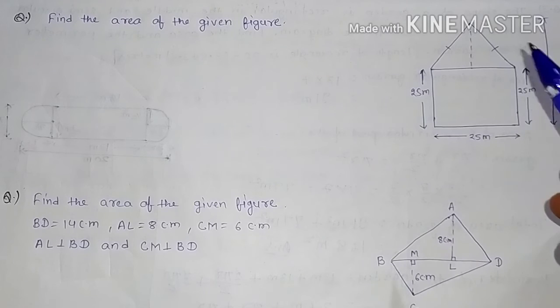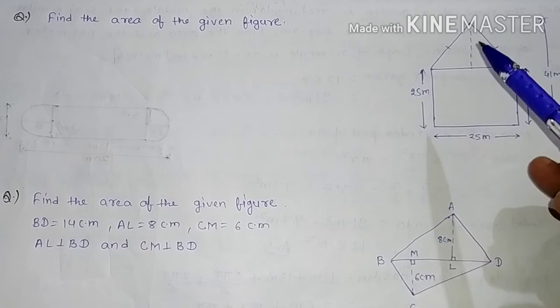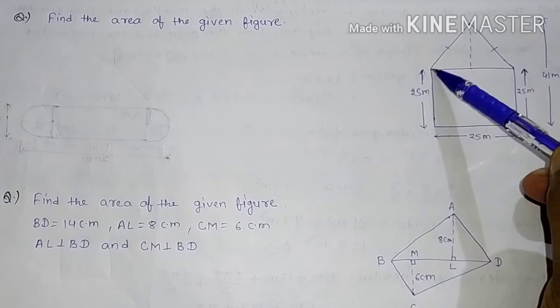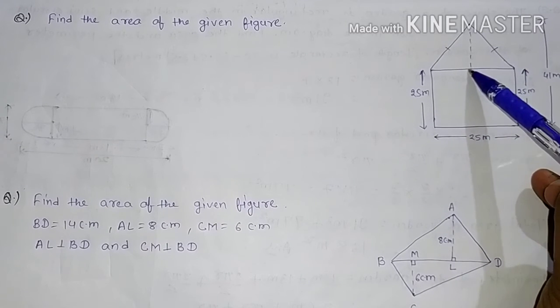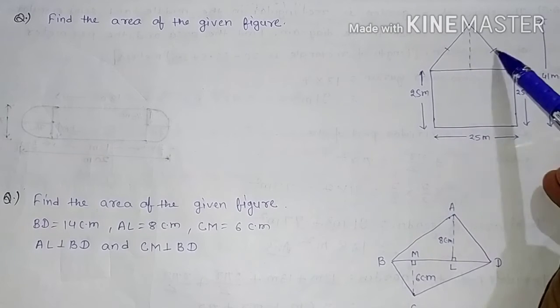Simply, there are two figures attached together. The top part of this figure is a triangle, where this is the base and this is the height, and these two sides are equal to each other.